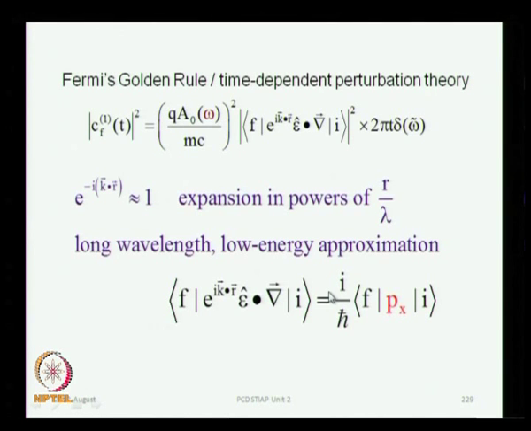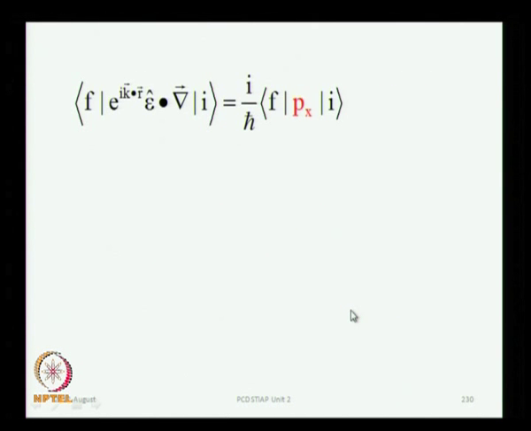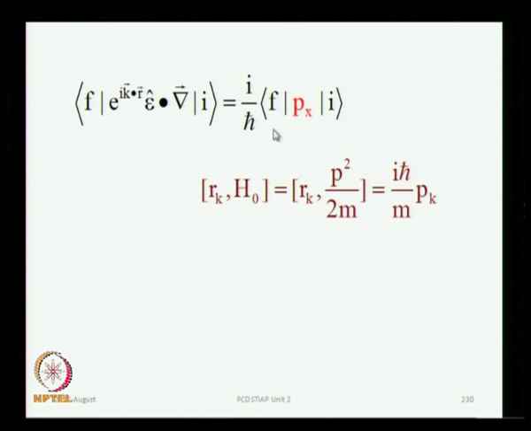You see that because of the gradient operator, so the i over h cross takes care of that, okay. And then you know that if you write the commutation between the position operator and the Hamiltonian, then this commutator is equal to i h cross over m times the momentum, which means that the matrix element of the momentum operator can be written as a matrix element of RH minus HR, right.